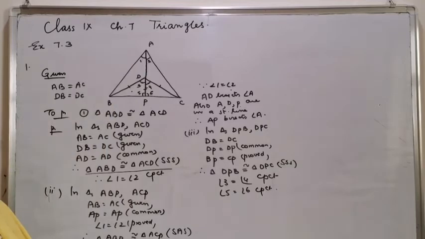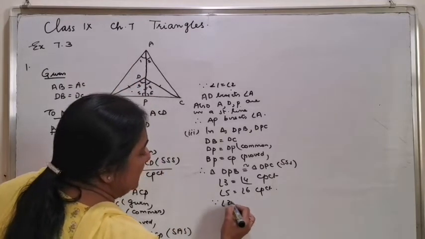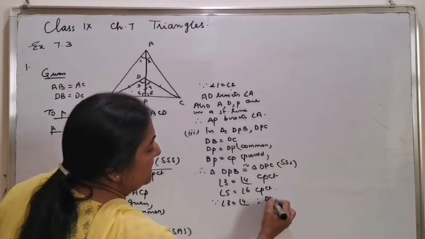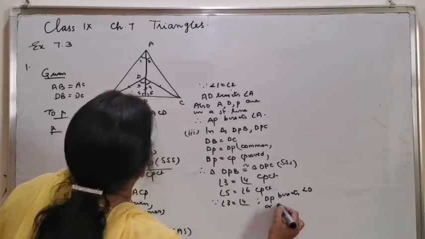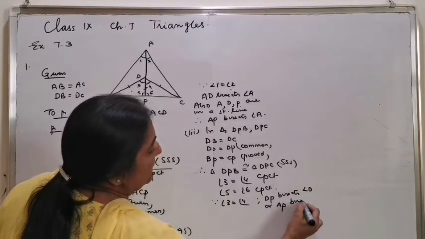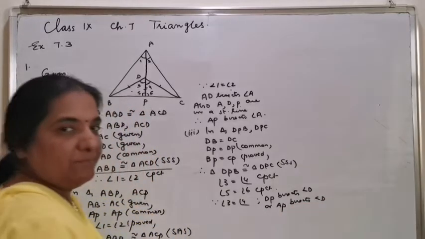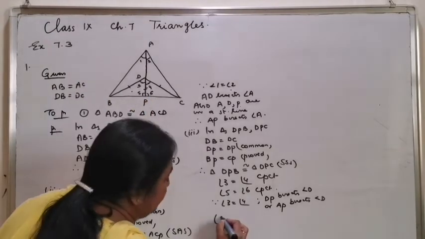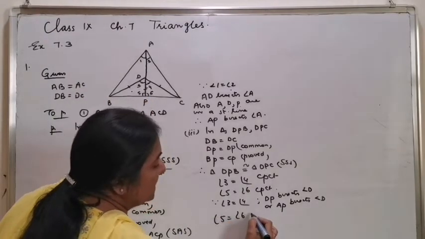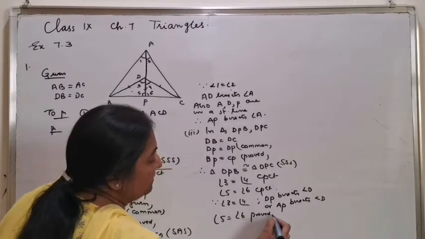DP bisects angle D. Since angle 3 is equal to angle 4, DP bisects angle D, or the same line, AP bisects angle D. Now, 5 is equal to 6. Angle 5 is equal to angle 6, already proved.